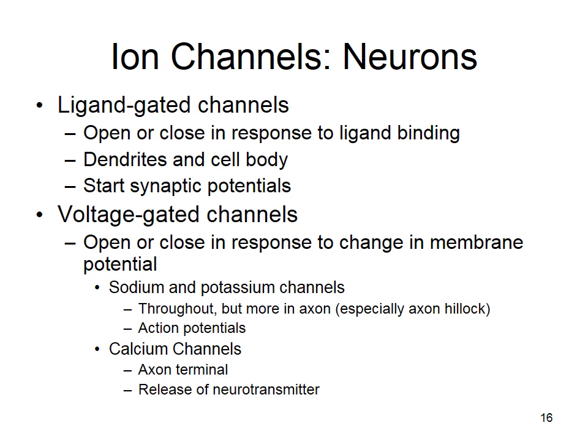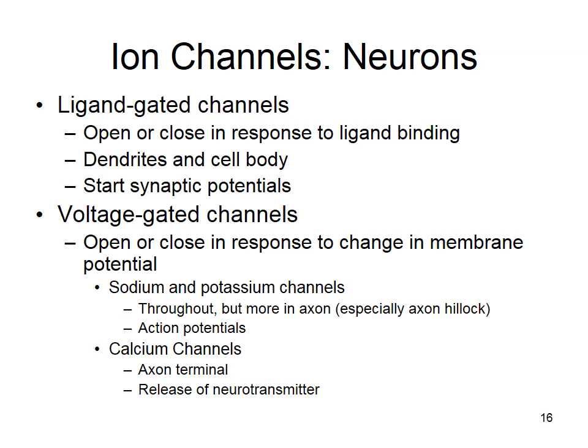So you see lots of ligand gated ion channels on postsynaptic neurons where there's synapses. That means you see lots of them on dendrites and cell bodies. So ligand gated ion channels are in high abundance on dendrites and cell bodies, and their ligands are neurotransmitters.